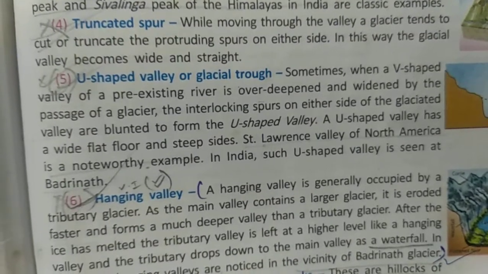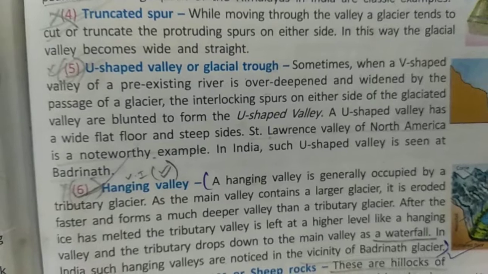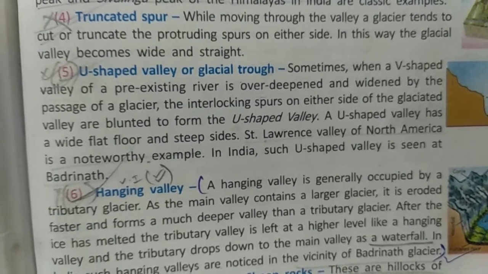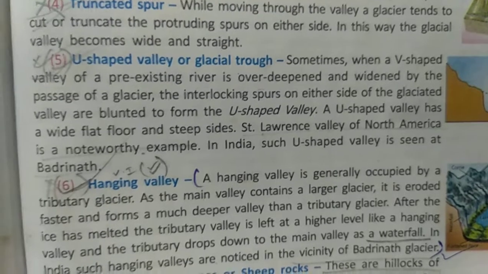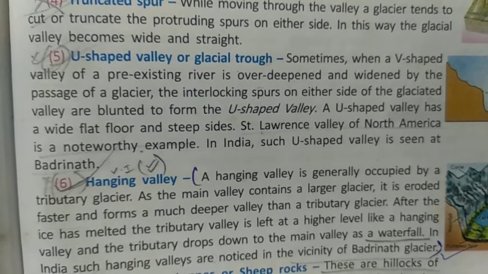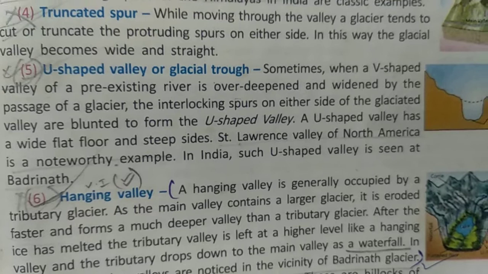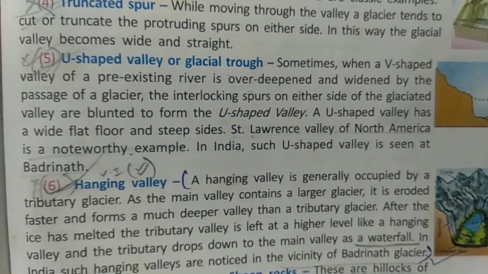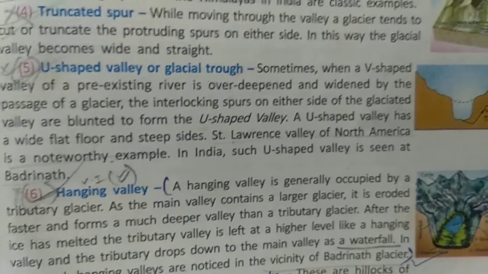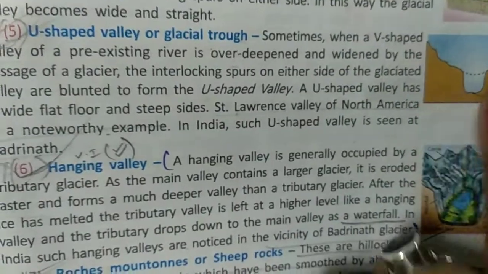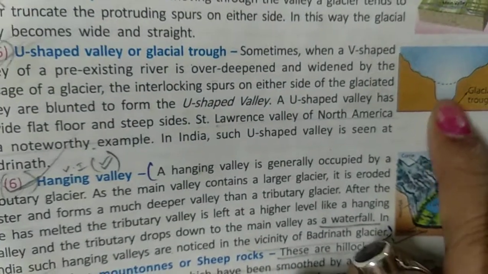Now this pre-existing V-shaped valley is overdeepened and widened by the passage of the glacier. The interlocking spurs on either side of the glacial valley are blunted to form a U-shaped valley. A U-shaped valley has a wide, flat floor and steep sides. The sides are cut in a steeper way, and the V becomes a U. So it is a U-shaped valley.